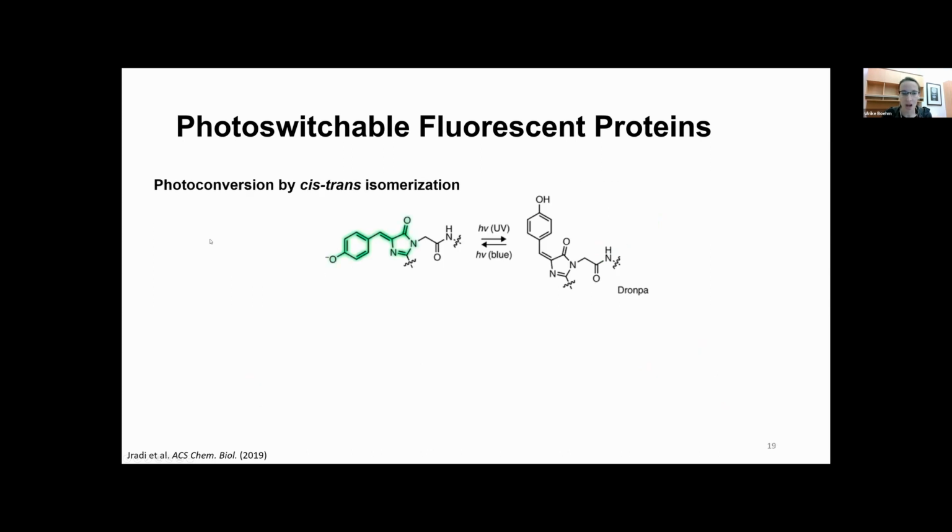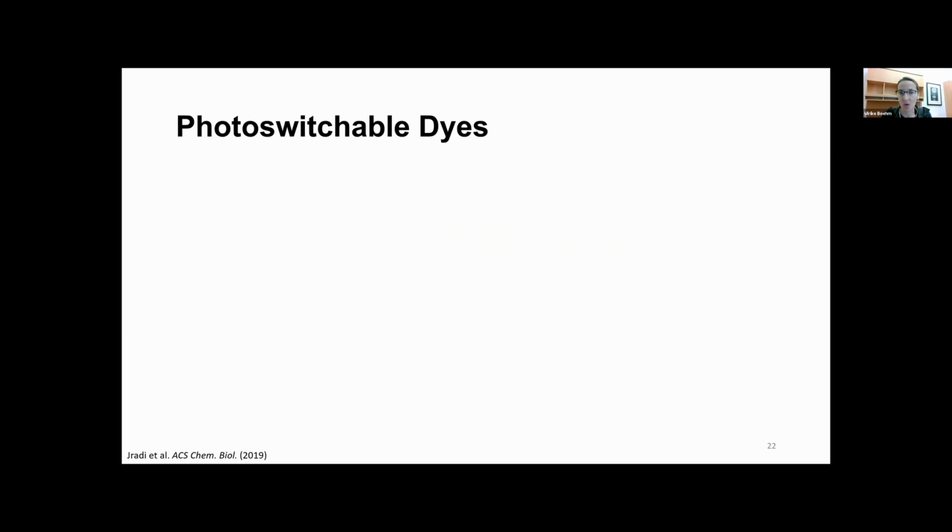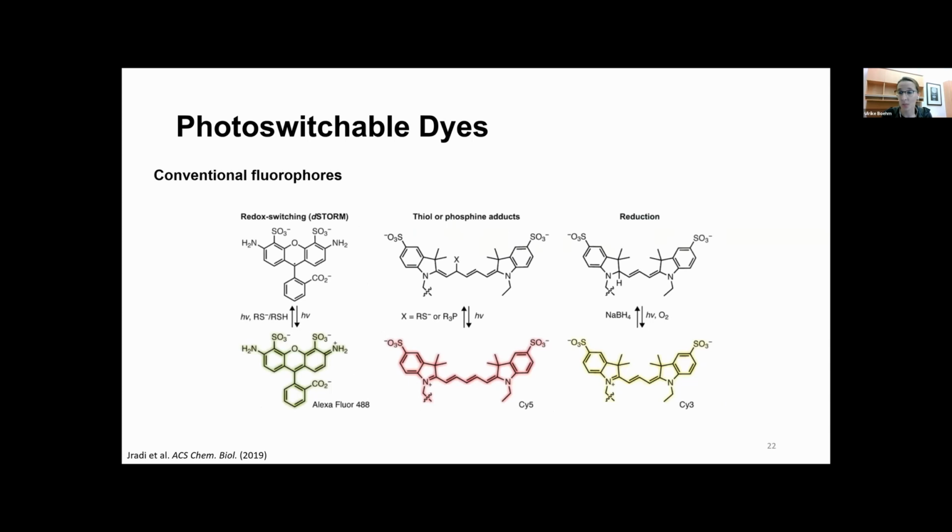Then there are also other mechanisms, for example, cis-trans isomerization in the case of Dronpa, or even hydration and dehydration in the case of the so-called protein Dreiklang. But of course, besides the fluorescent proteins, we also have the so-called organic fluorophores or organic dyes, which are usually way brighter and also way more photostable.